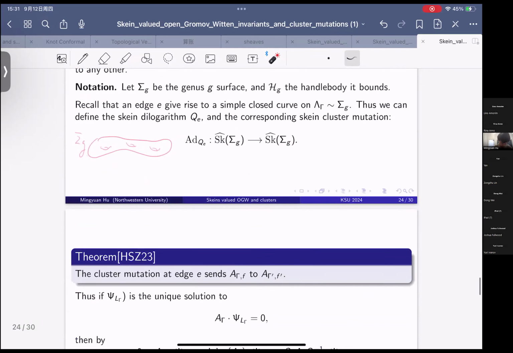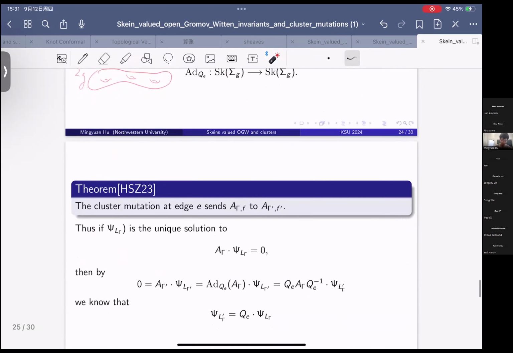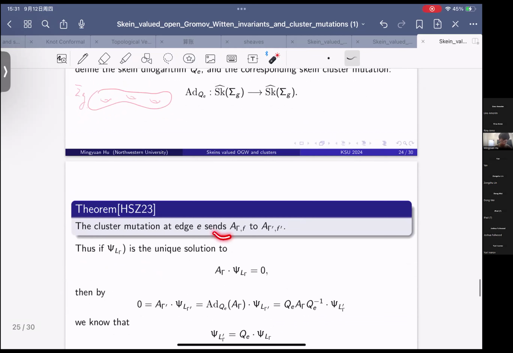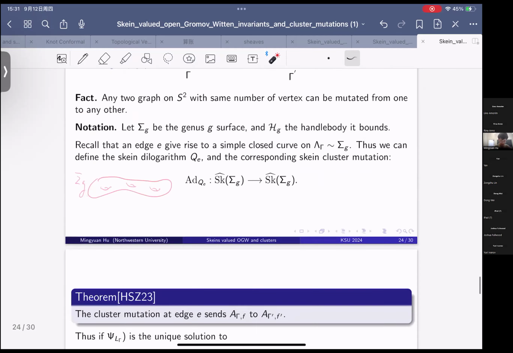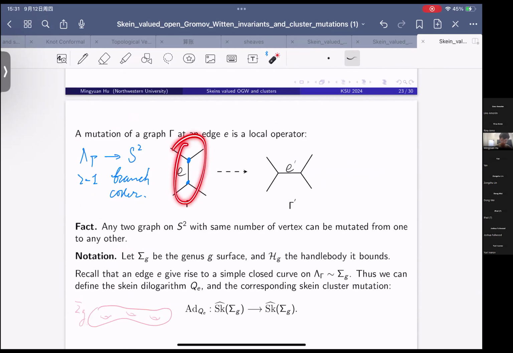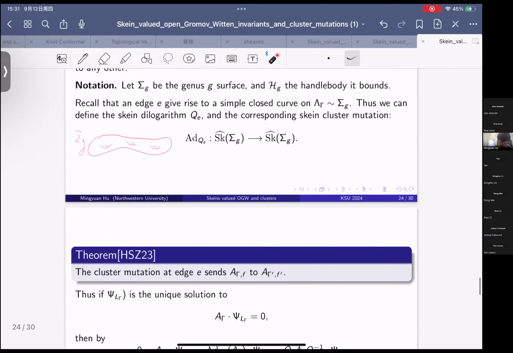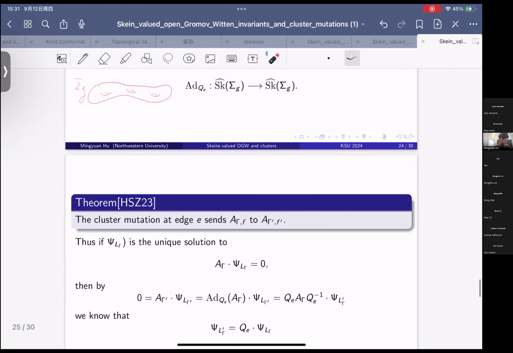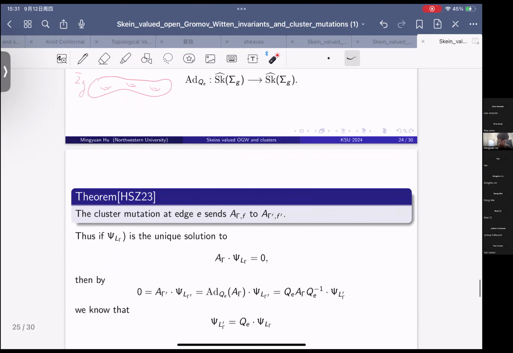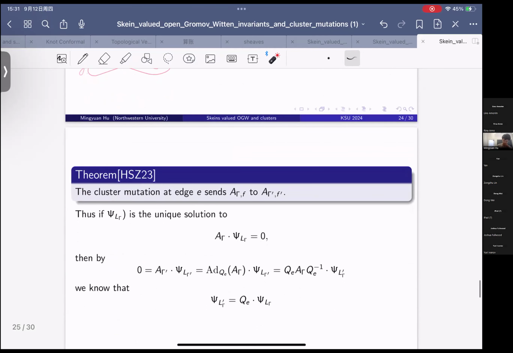So here now comes our main theorem. This cluster mutation will send gamma to gamma prime. This means that if we do such a mutation, then our equation also changes by a skein cluster mutation.